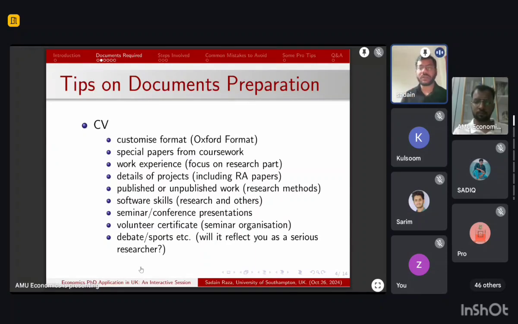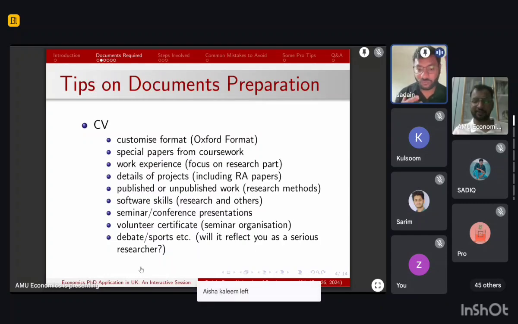So everything that you are writing in your CV should somehow relate to that. If it is not relating to that, it should relate to that indirectly somehow. Even if not that, then you can say that maybe you joined a bank and then you found that this is not your cup of tea and research is your cup of tea, something like that.